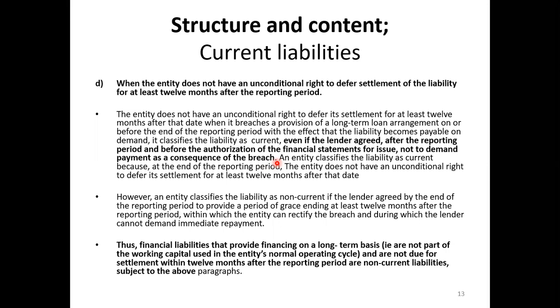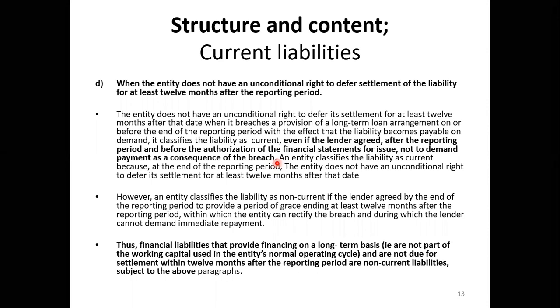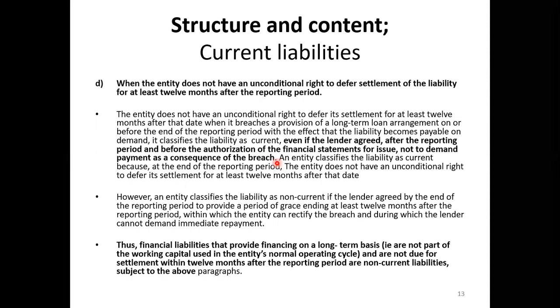However, after the reporting period, there is an agreement, a negotiation between the entity and a particular party, for example the supplier. After the reporting period, they come to an agreement. The entity justifies the reason for the breach of contract.